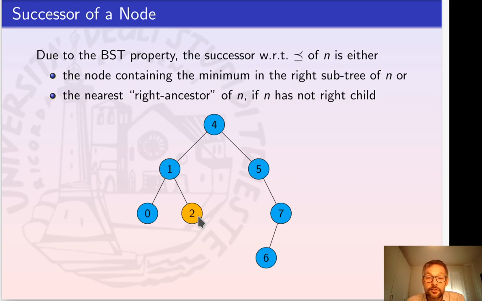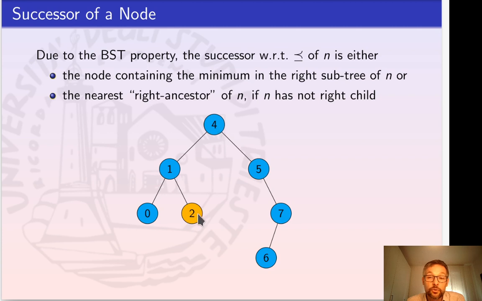The right ancestor is a node such that the previous ancestor of 2 is on its left side. For instance, the nearest right ancestor of 2 is this one, 4.